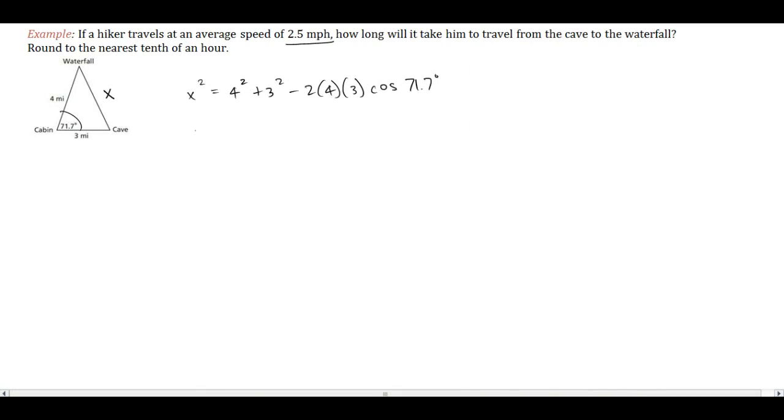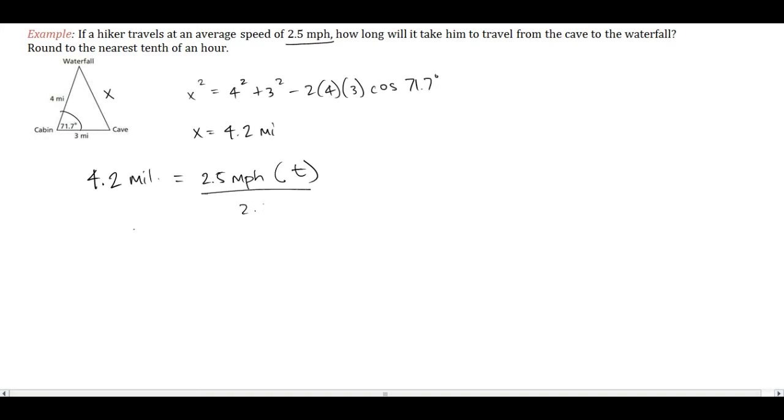So we're going to tell people, hey, look, it's about 4.2 miles. So we know the distance is 4.2 miles. And now I've got distance equals rate, 2.5 miles per hour, times time. I don't know the time, so let's call it t, and solve for it.